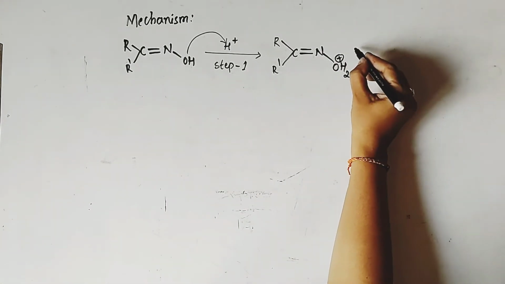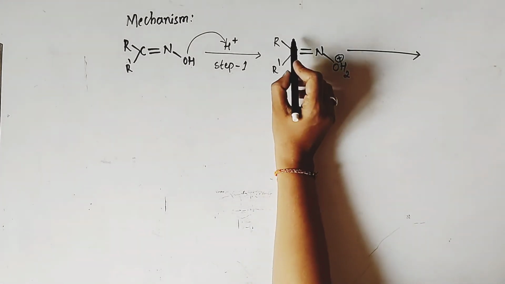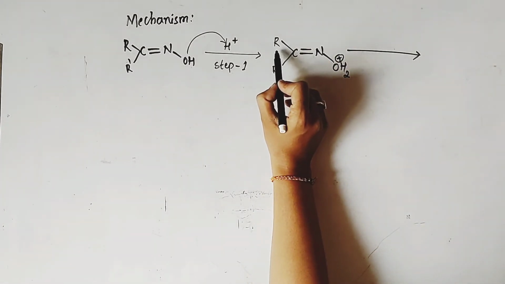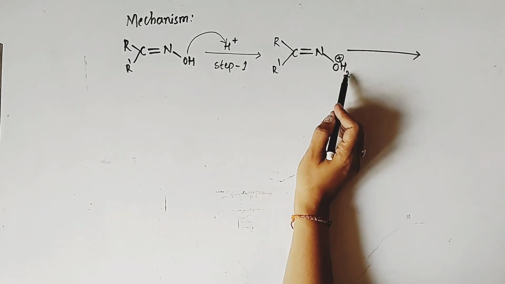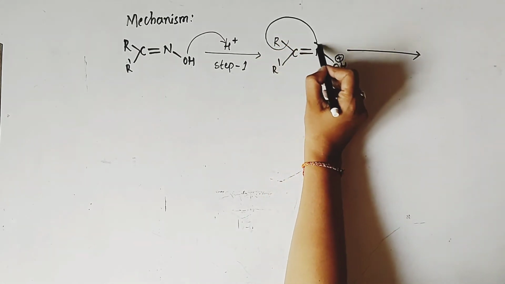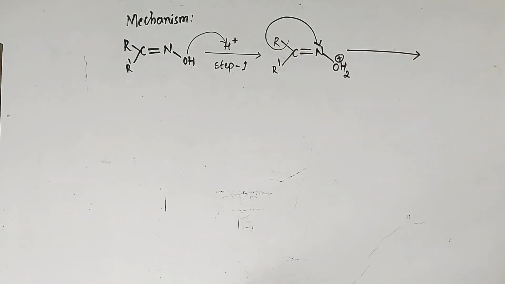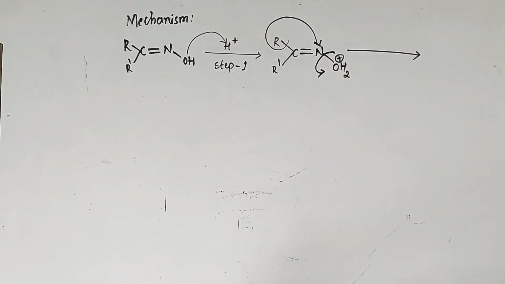And the second step involves the migration of the group which is trans to the protonated hydroxyl group. That is, migration of this one takes place, and it will attach to the nitrogen, and the removal of the water molecule will take place simultaneously in the second step.